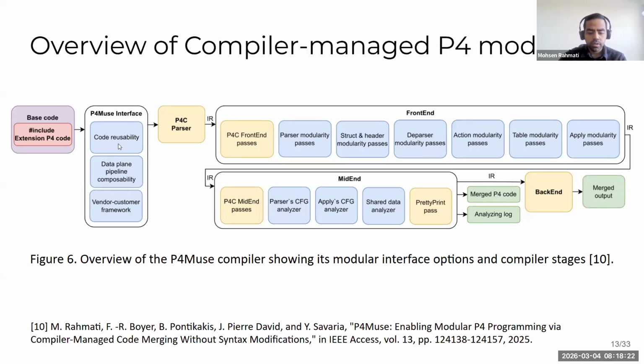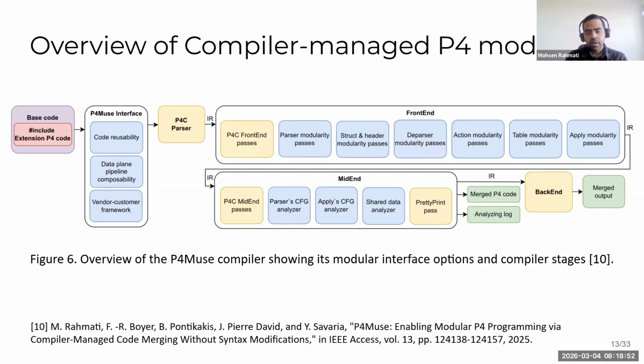It is like when you want to reuse the code of another programmer, so P4Muse can merge that code into your code. And we have two other interfaces: data plane pipeline composability, and vendor customer framework. We mention them in the next slides.